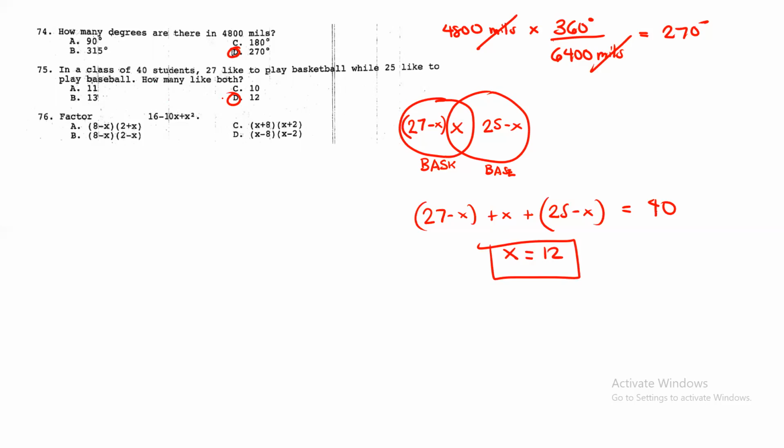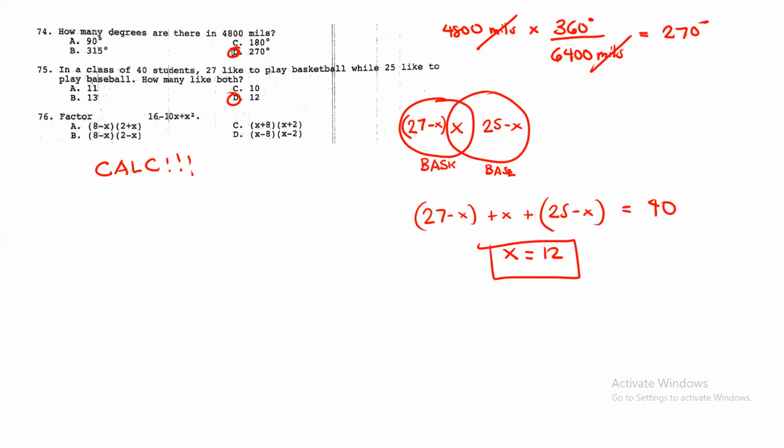The next 76, factor 16 minus 10x plus x squared. So sa number 76, kahit calc na lang, no? So alam na natin sagutan to. So calc nyo na lang, mag-calculate dito ng 1 or kahit 1.5 kung kahit anong gusto nyo number, dapat yung value nito maging equal dun sa value ng tamang sagot sa choices.